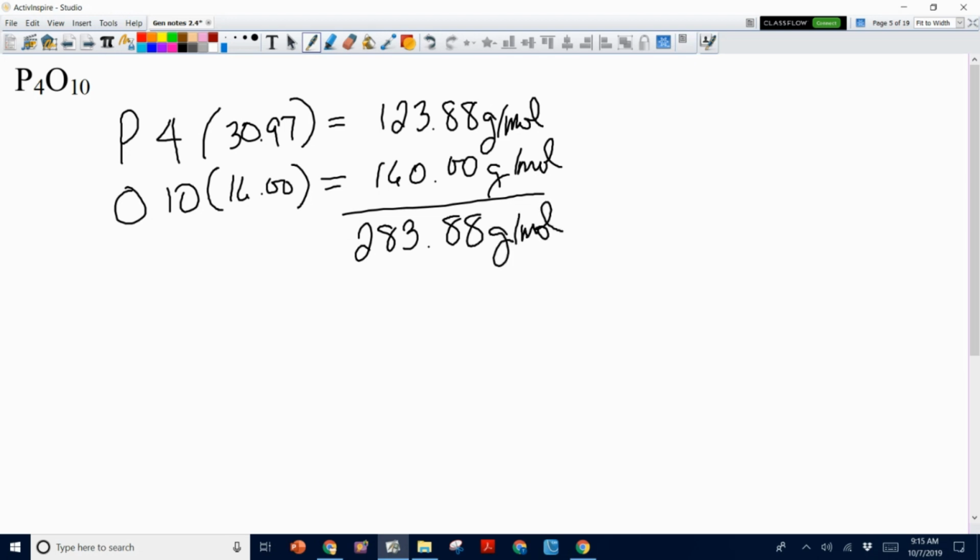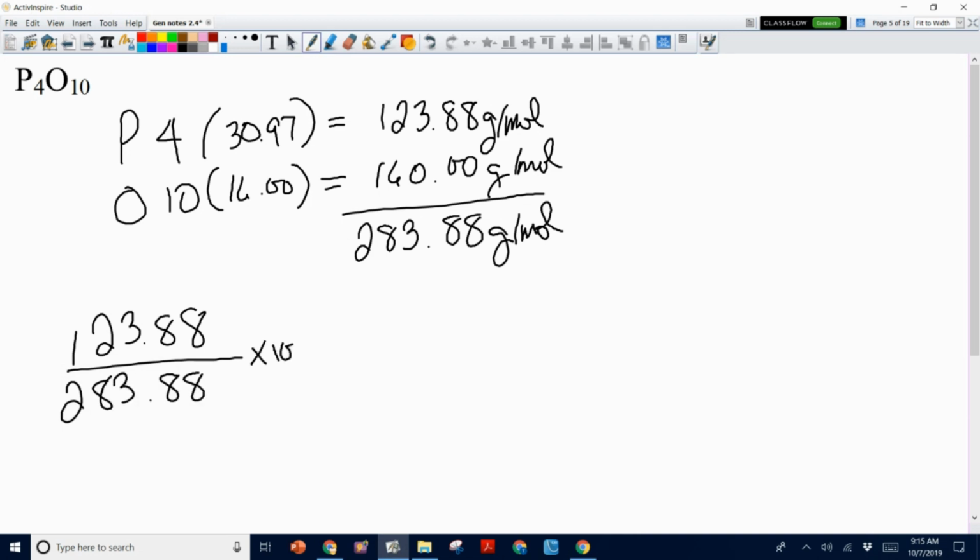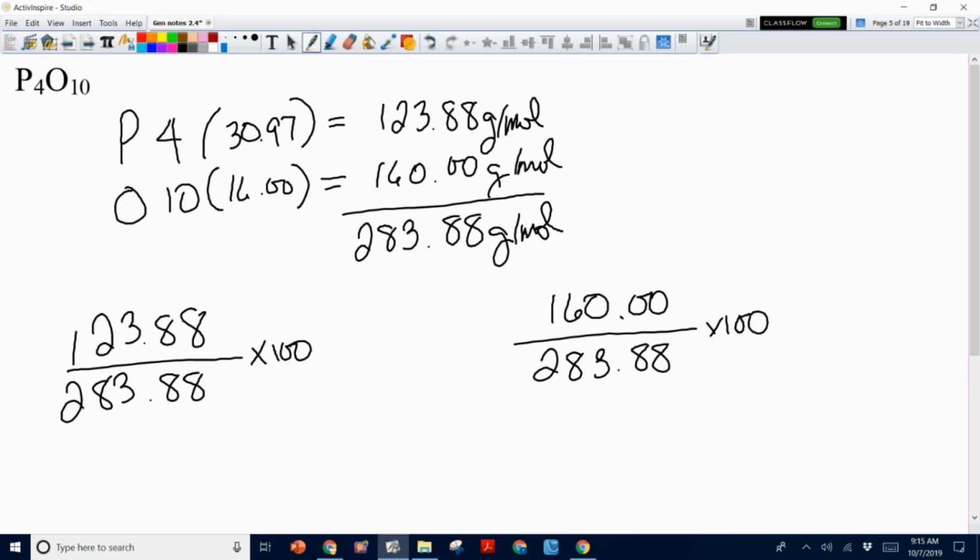All right, so part of a whole, so 123.88 divided by 283.88 times 100, and 160.00 divided by 283.88 times 100.